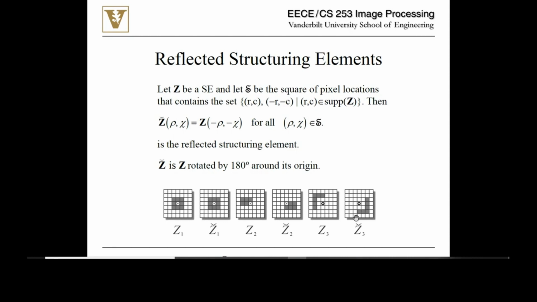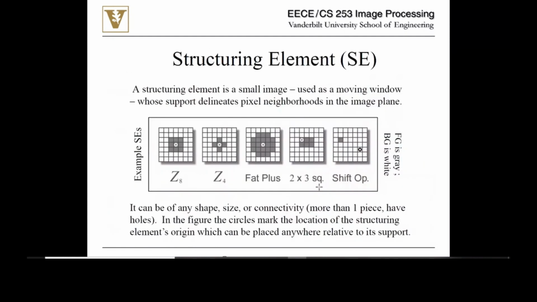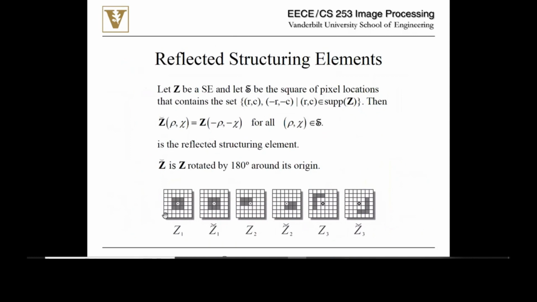And here you can also see, you have this Z3, and then you reflect it. Z1, Z2, Z3 simply say this is the first kernel, second kernel, third kernel, so they don't have special names. These two, Z8 and Z4, have special names. And if the kernel is symmetric, then mirroring it doesn't matter, so it stays the same.